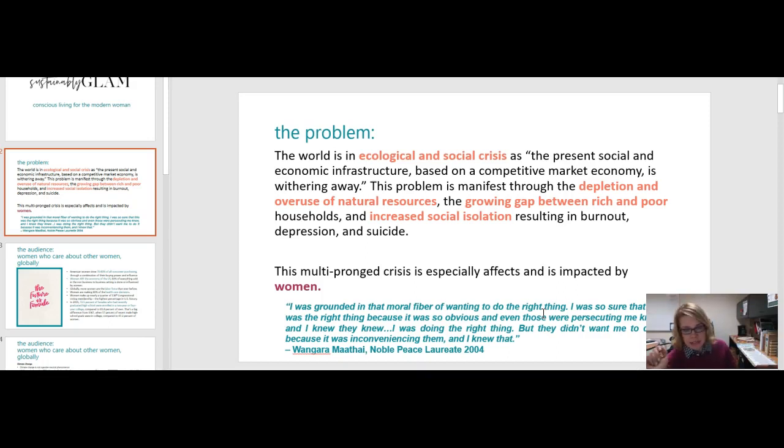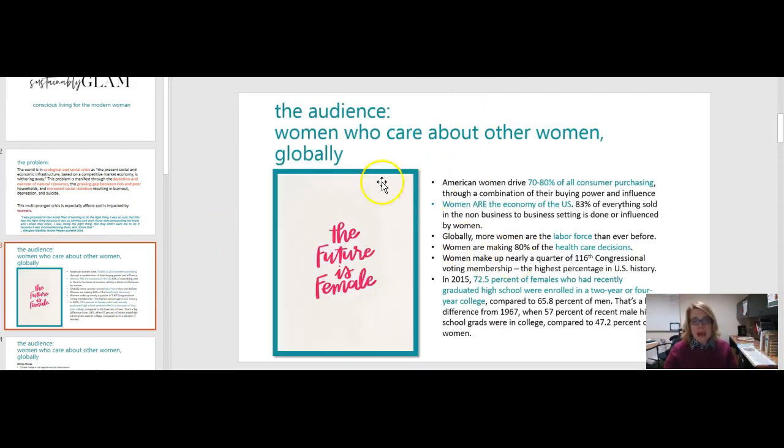And here's the zinger of the problem I'm trying to solve. This multi-pronged crisis especially affects and is impacted by women. Okay, so that is the population I am worried about. So I have a little quote that is inspiring. And then my audience is women who care about other women on a global basis.